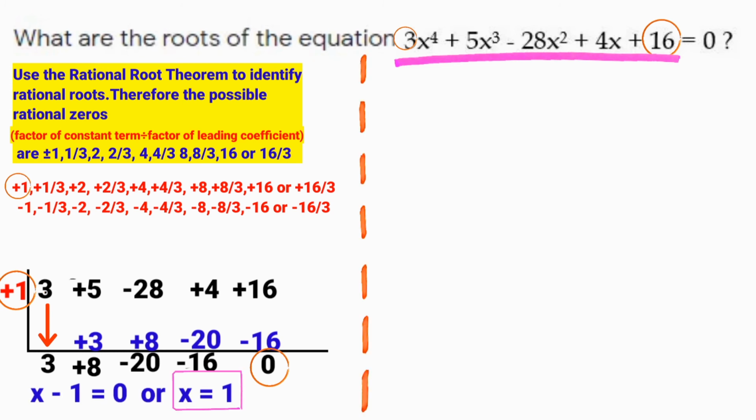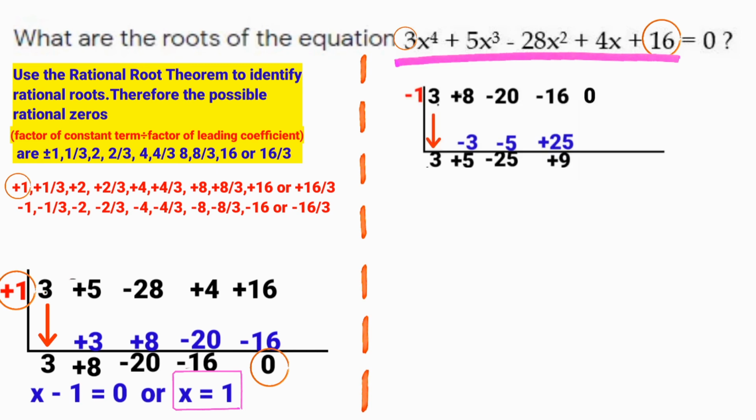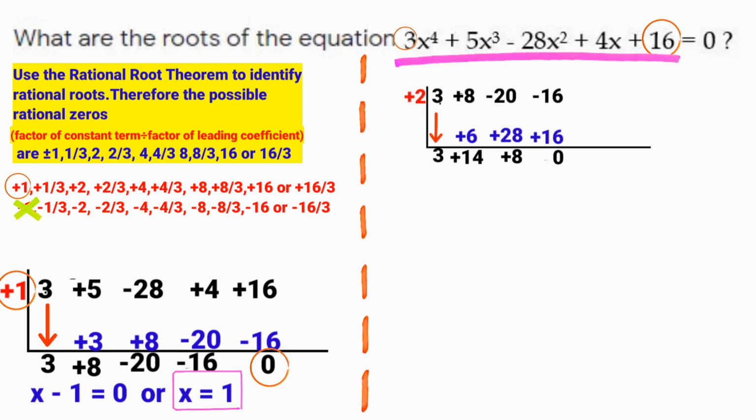Now let's continue using positive 1 as the divisor. You will notice that our new remainder is negative 25, which means positive 1 is no longer a root of the equation. We will be using negative 1, and we will notice that we have a positive 9 for the remainder, which means negative 1 is also not a root of the equation.